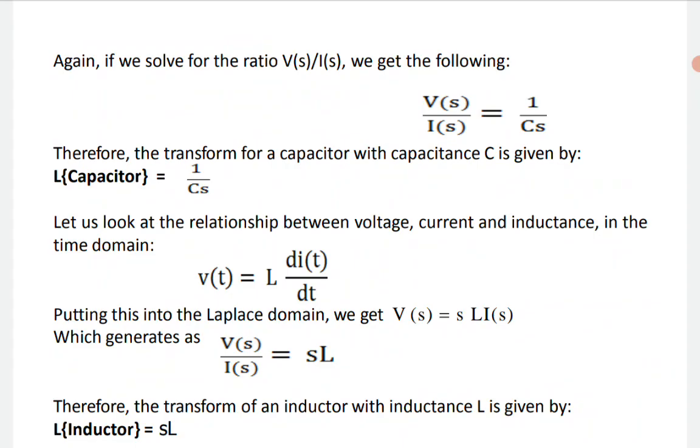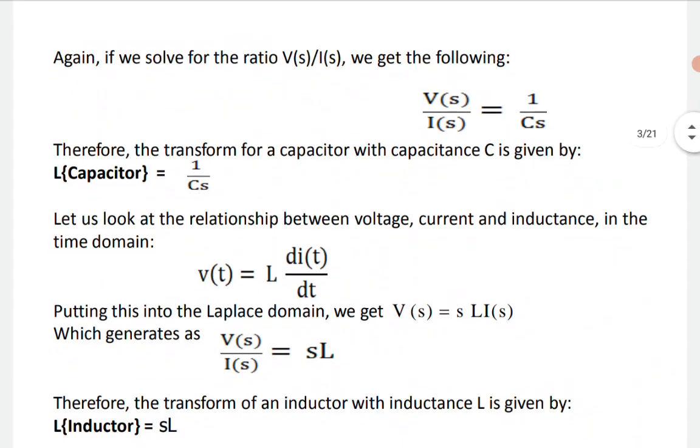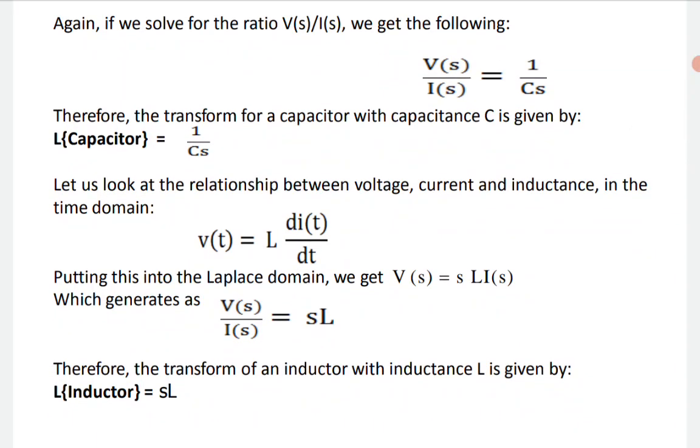Now let us look at the relationship between voltage, current and inductance in the time domain. So V of t is equal to L into di of t by dt. All of you know about those relations. Again, in the S domain we can rewrite, because the above equation is for the time domain.